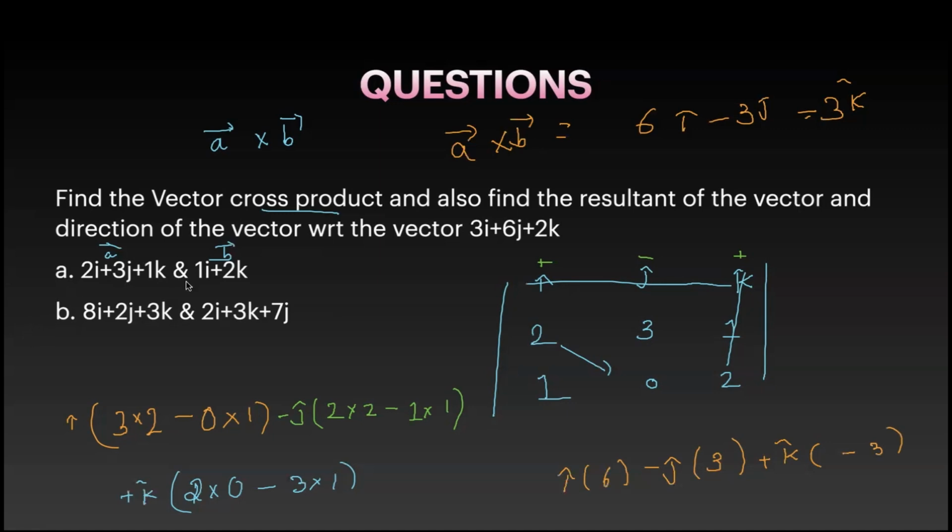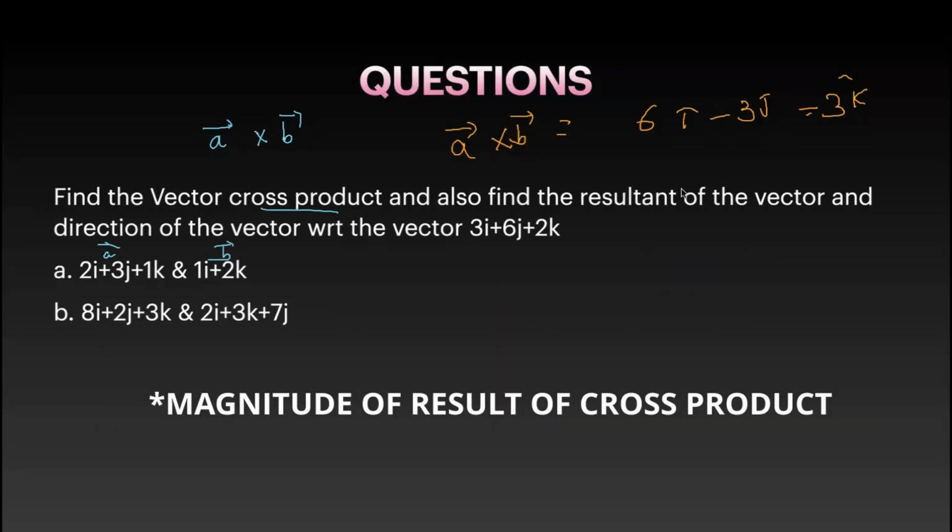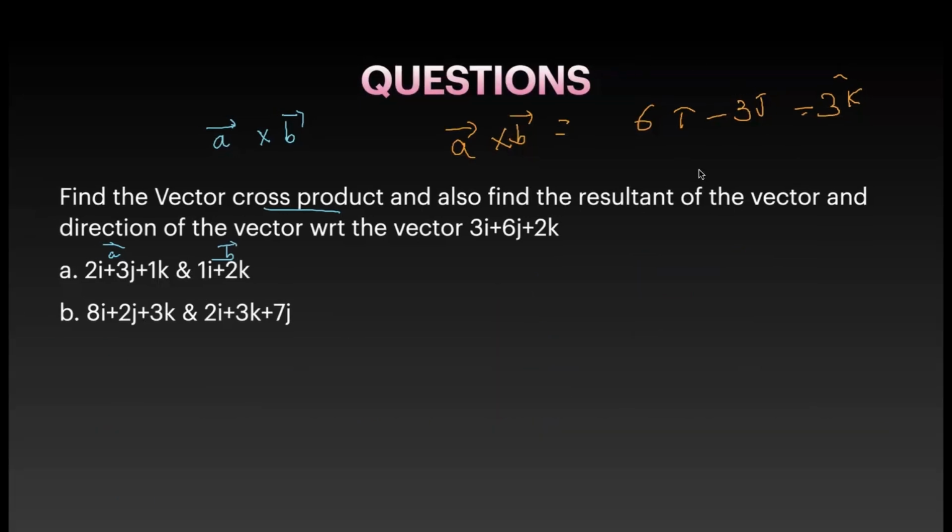Done? This is the vector which we have got. I'll erase the rest. So find the resultant of this vector. Okay? Find out the resultant, which is nothing but what? Tell me the formula. All of you should remember.